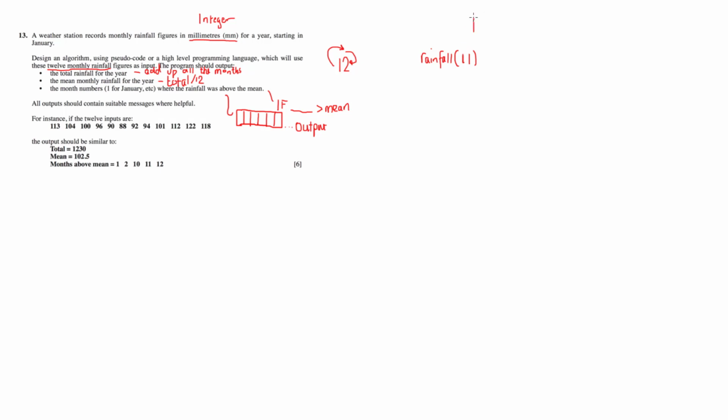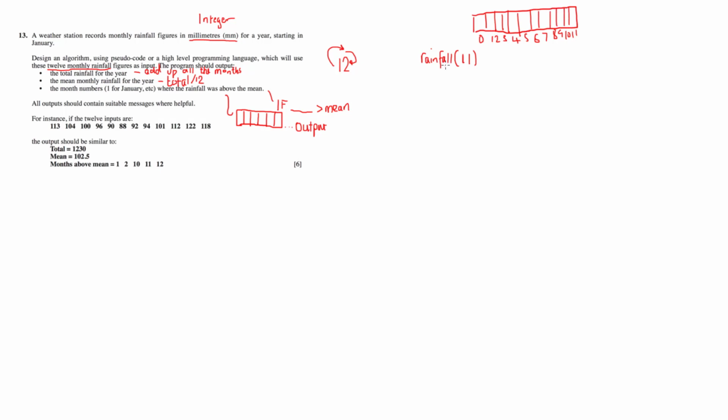If you picture what that looks like, with a badly drawn array from myself, 0, 1, 2, 3, 4, 5, 6, 7, 8, 9, 10, 11. So we're going to have 12 slices or elements in my array.